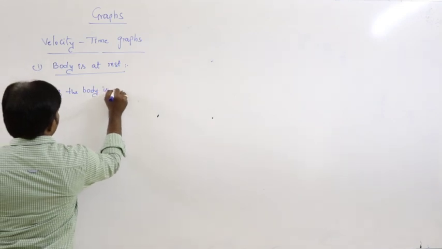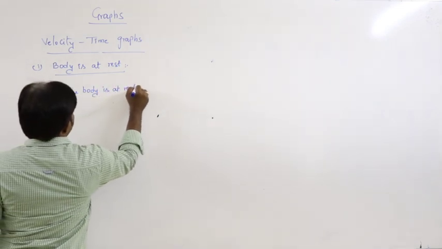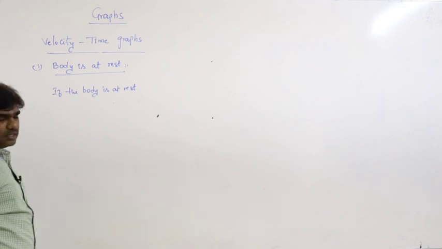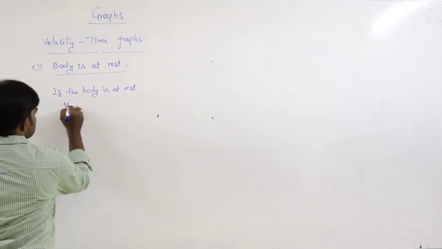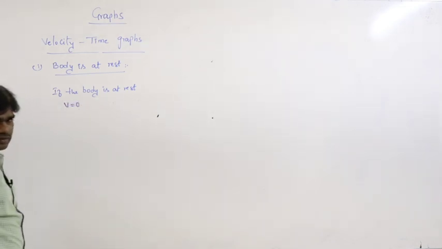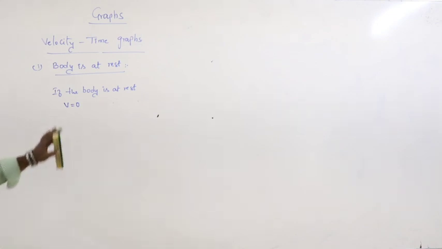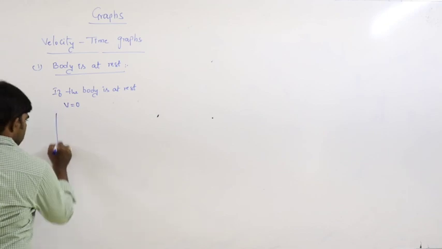If the body is at rest, the velocity of the body must be 0, initial velocity or final velocity, whatever it is. Body at rest means the velocity of the body is equal to 0.